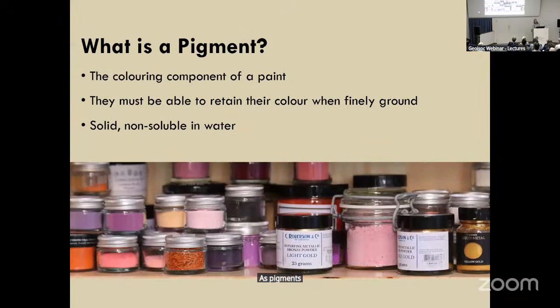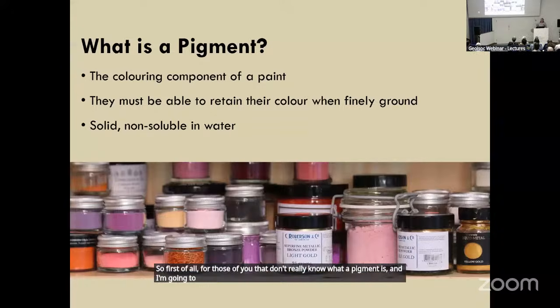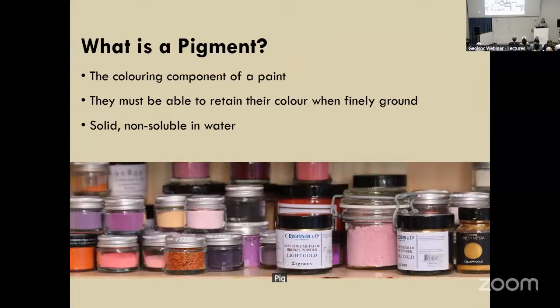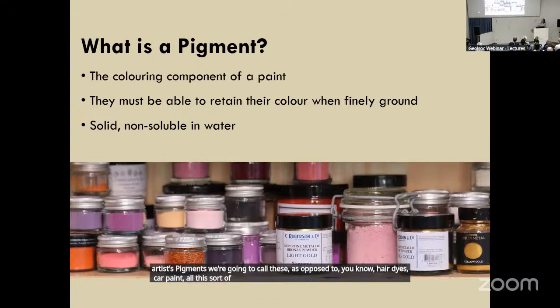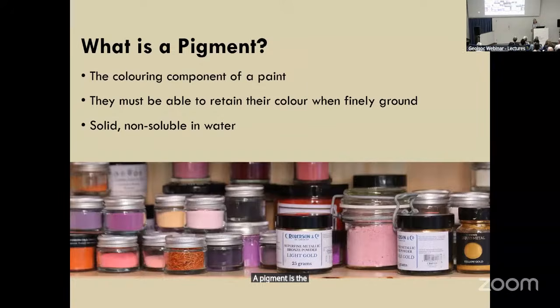So first of all, for those of you that don't really know what a pigment is, I'm going to be talking about pigments in paintings and to a certain extent in architecture today. So artist pigments, as opposed to hair dyes, car paint, all these other uses of colour. A pigment is the colouring component of a paint.